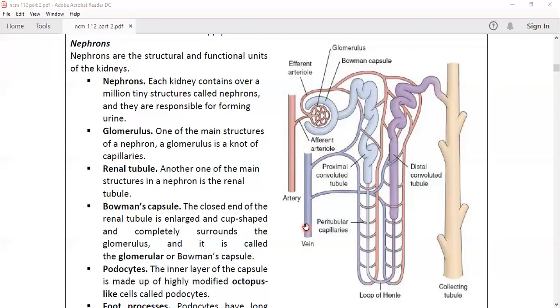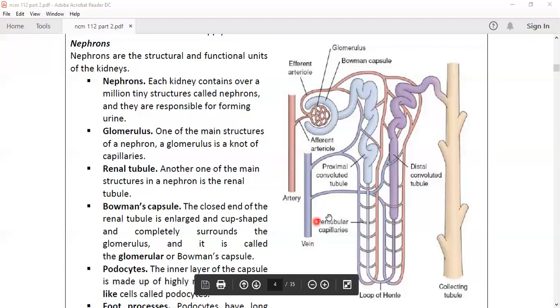Let's try to repeat that. From your heart, blood is pumped through your arteries into the glomerulus, and then it leaves once again through your efferents, to your capillaries, going to your veins, and then back to your heart. There's a specific importance of these peritubular capillaries, which we will be discussing a little later.